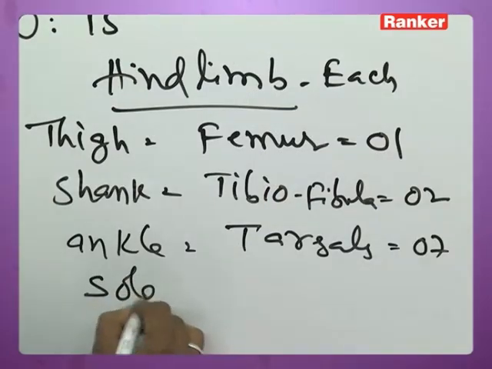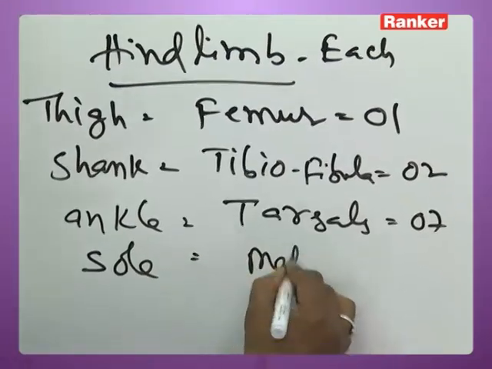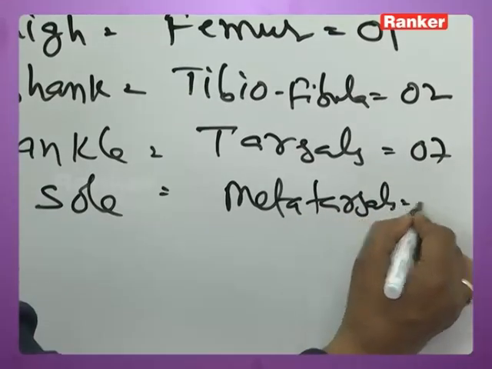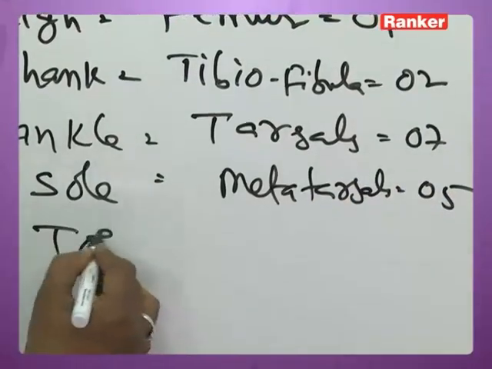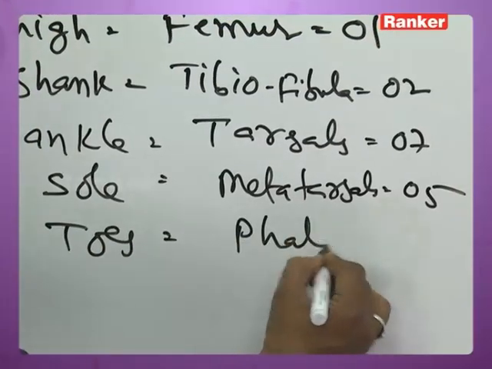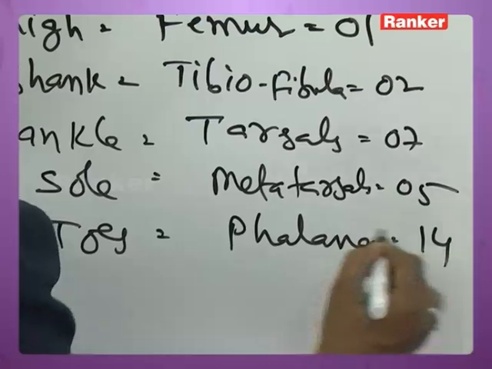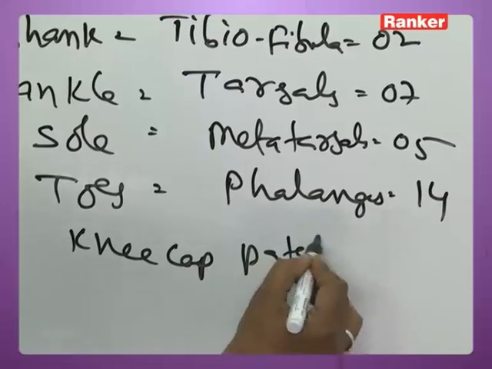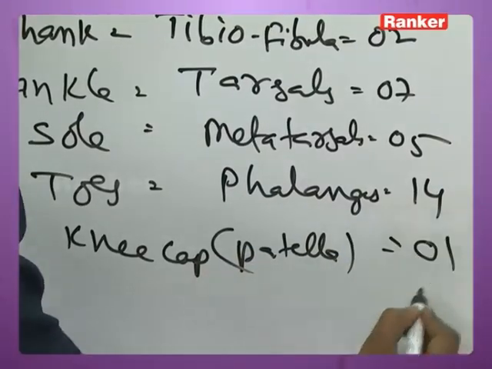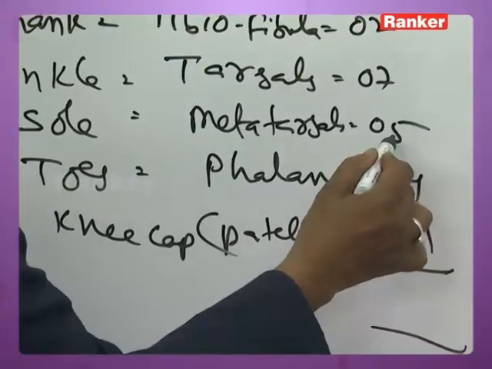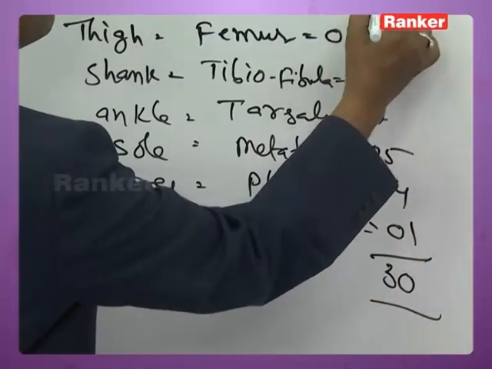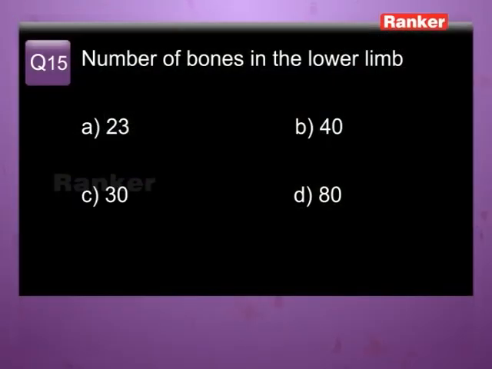Then sole, metatarsals are 5. Then in the toes, the number of phalanges are 14, and one kneecap, that is patella, is 1. So total, if you total up here now, 15, 20, 27, 29, 30. So each hind limb is made up of 30 bones. So the answer is C for this.